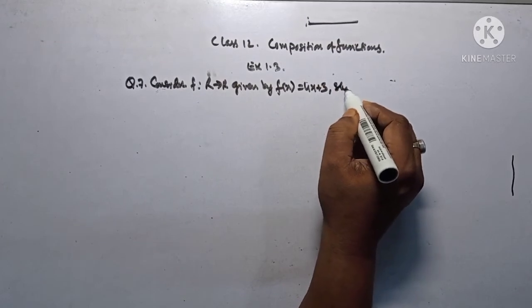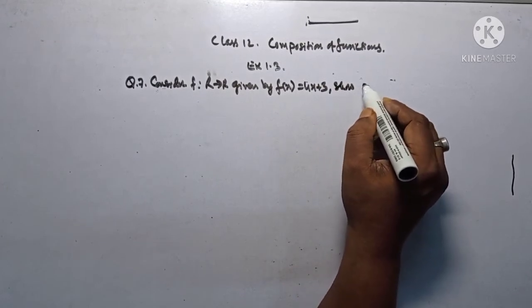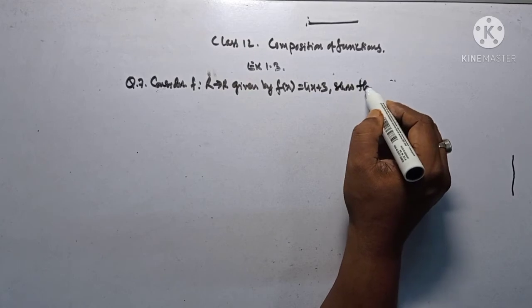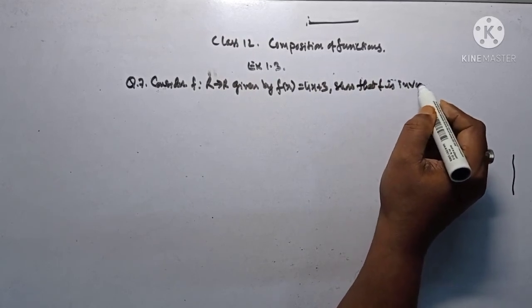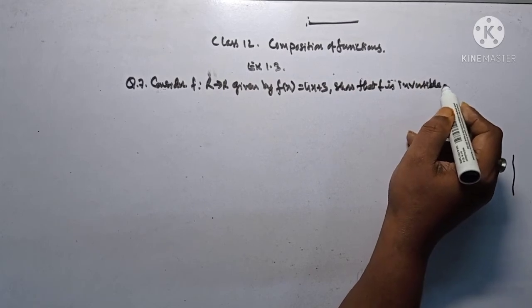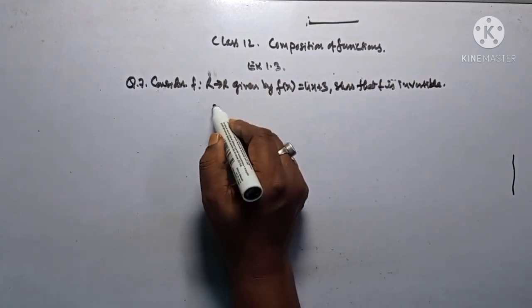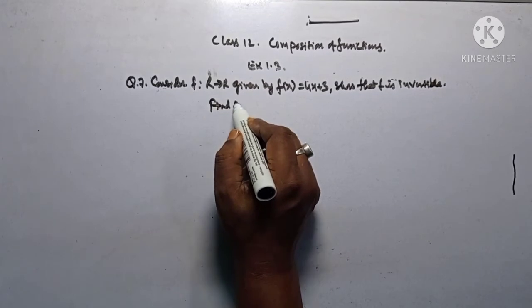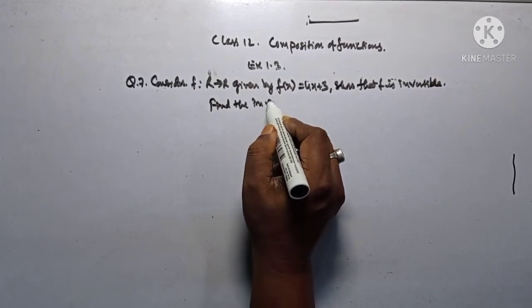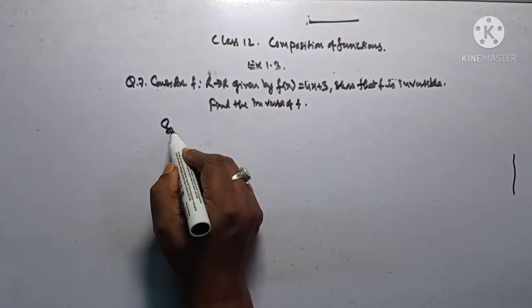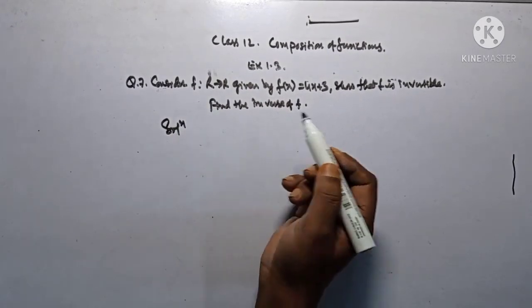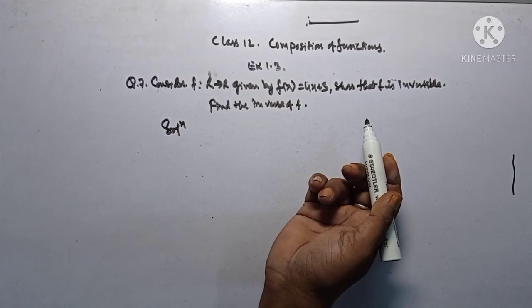So we have to show that f is invertible, and we have to find the inverse of f. So solution, we have to prove that it is a 1-1 and onto function.